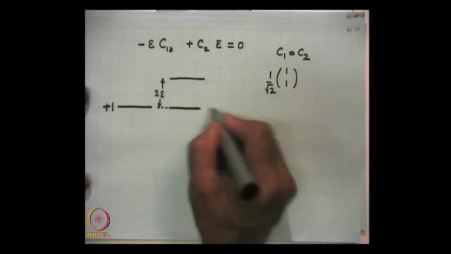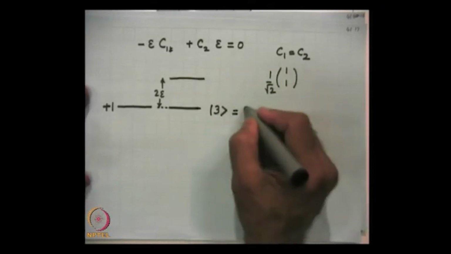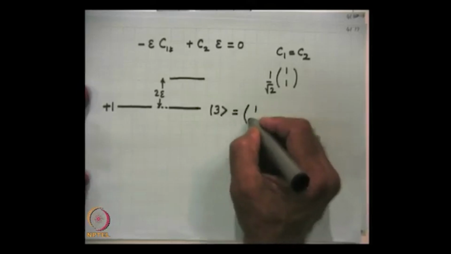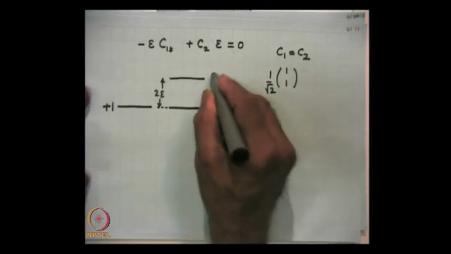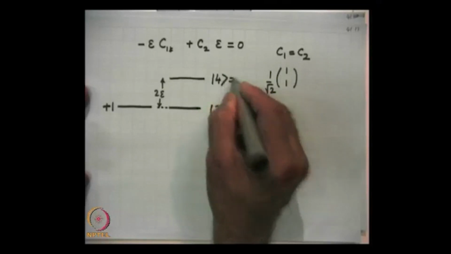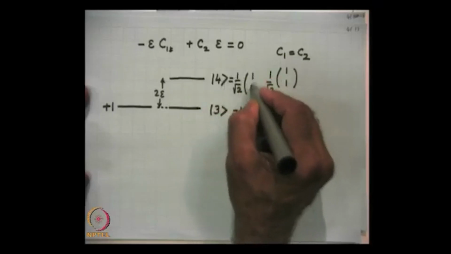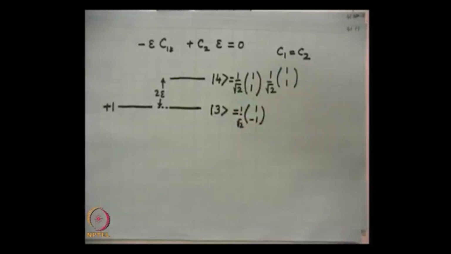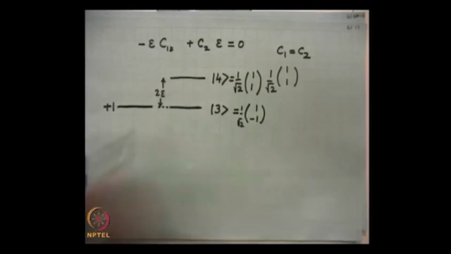This wave function is say ket 3, equal to 1 minus 1 divided by root 2, and this wave function, say ket 4, is equal to 1 over root 2 times 1 1. So this twofold degenerate state splits into two states. Let me find out the exact.